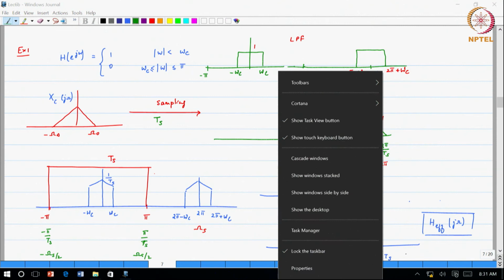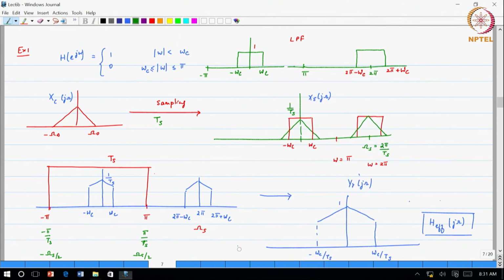Now, if you were to think of the input signal spectrum as something that went from minus omega naught to omega naught, when I represent it after the sampling process, what is the condition in the discrete time domain that I do not get aliasing?